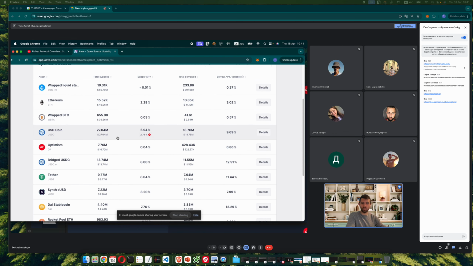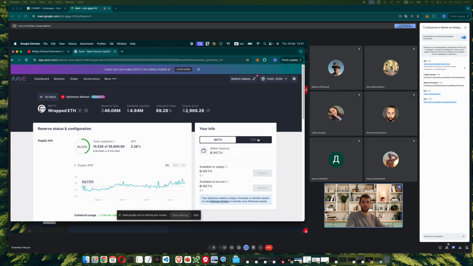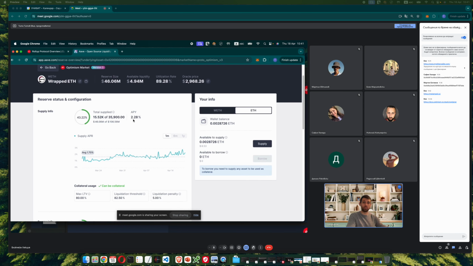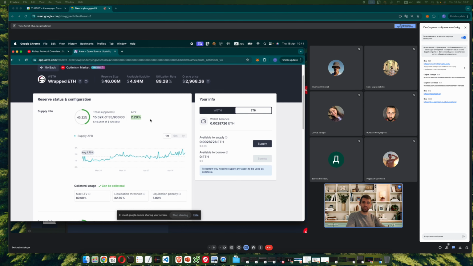And what I can do is, for example, if I put here my available ETH on Optimism, I can earn some 2.28% yield on top of it yearly. So the amount of funds that I deposit, I can make some profit out of it. It is like a bank deposit, but as you see, the percentage is much better.